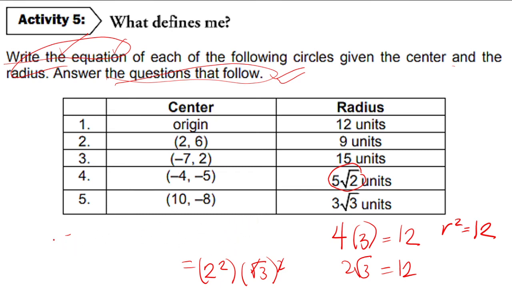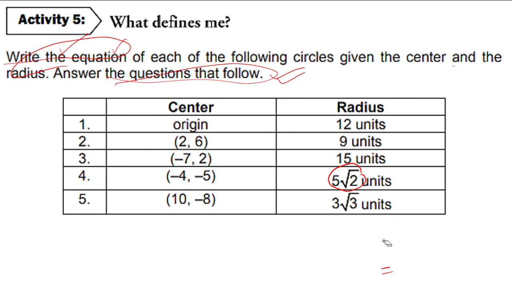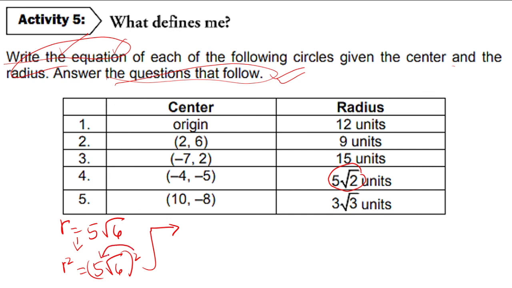O, isa pang example. Say, 5 square root of 6 kunwari. So, ang radius mo, 5 square root of 6. So, ito gagawin mo siyang r square. So, magiging 5 square root of 6 quantity square. Tapos, ito evaluate mo. Yung exponent mo, ibigay mo kay 5. So, magiging 5 square times, ibigay mo din siya kay square root of 6.